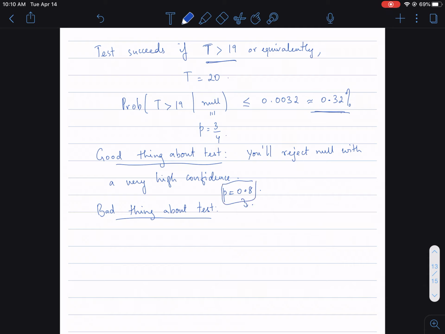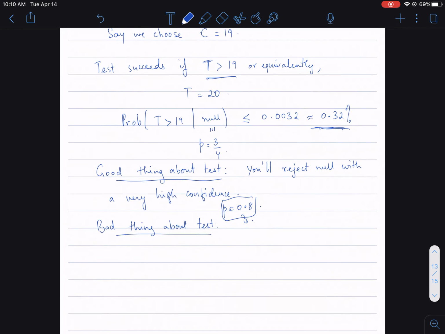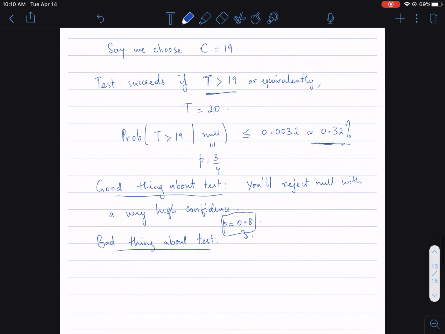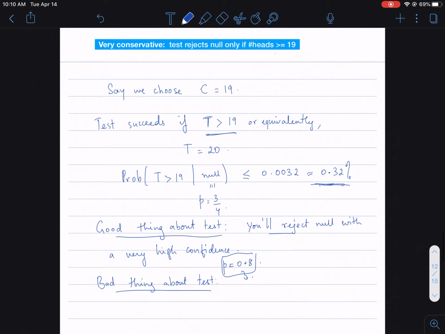That's the kind of trade-off you get if you want an extremely high likelihood test. If you have a small number of samples, in this case only 20, and you want to reject the null with very high confidence, then you may end up rejecting things that are not the null also. So that's one trade-off to keep in mind.